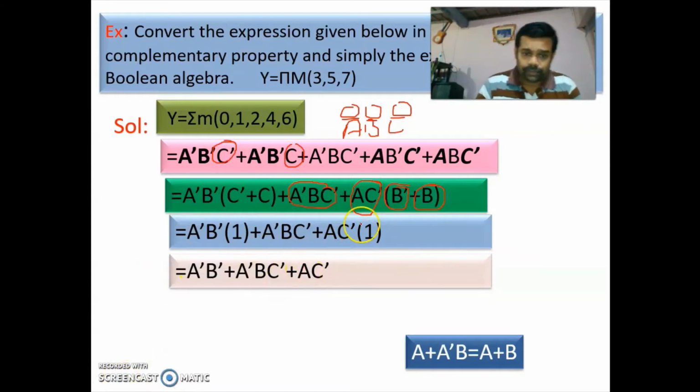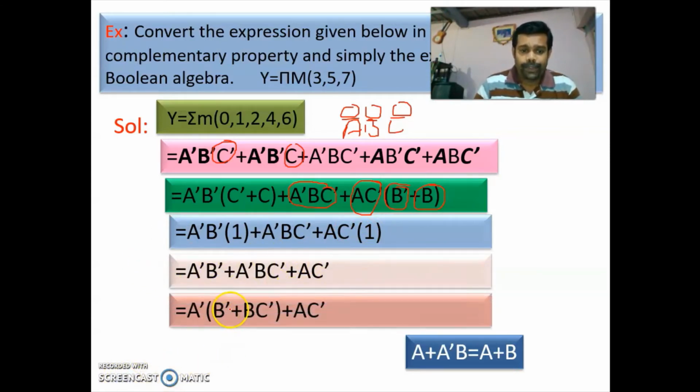Now we are going to take A bar common from the first two terms. When you take A bar common, the remaining is B bar plus B C bar.